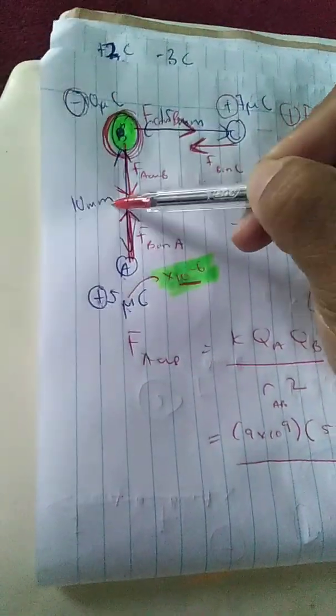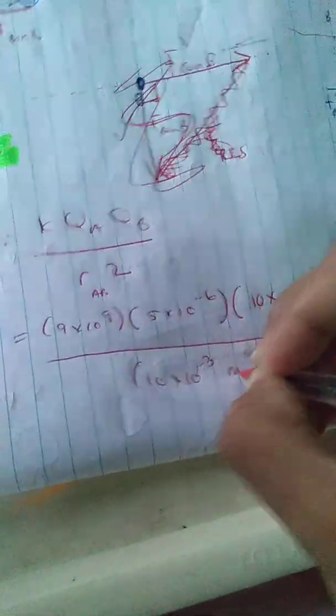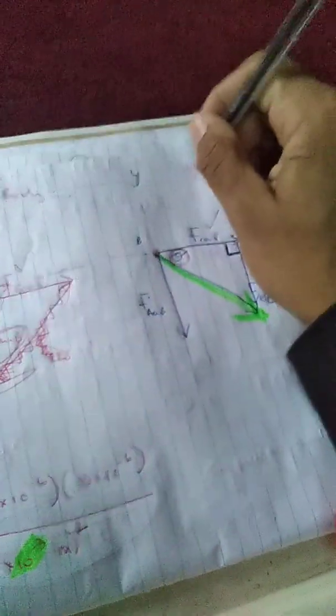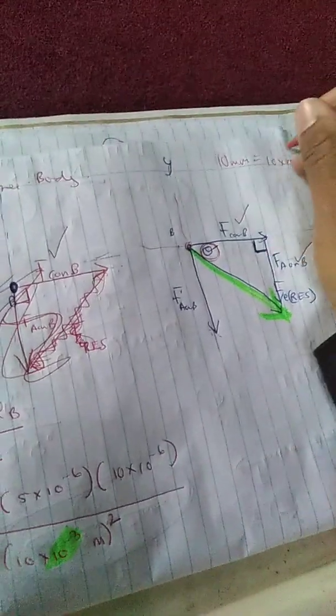Over, what is the distance? 10 millimeters. What is milli? Milli is times 10 to the negative 3. So therefore this is going to be 10 times 10 to the negative 3 meters, squared. 10 millimeters is equal to 10 times 10 to the negative 3 meters. This represents that milli, which you must write out in full.